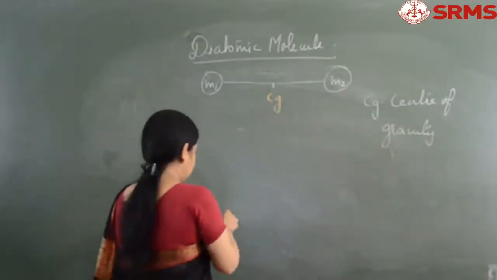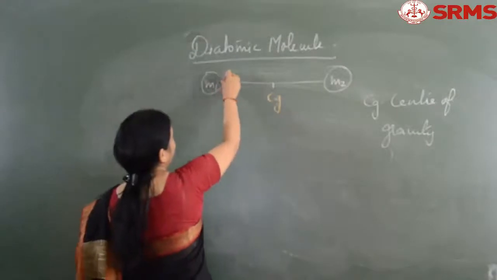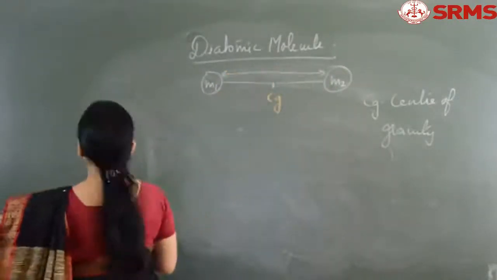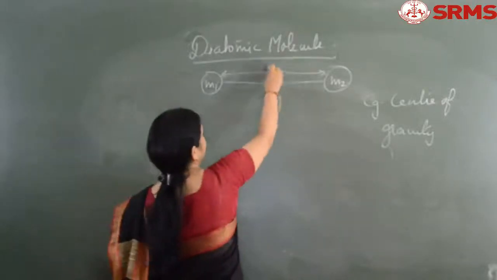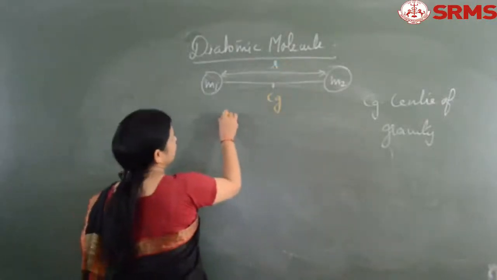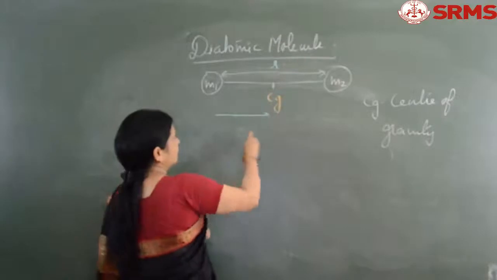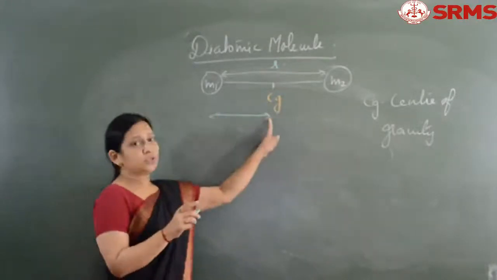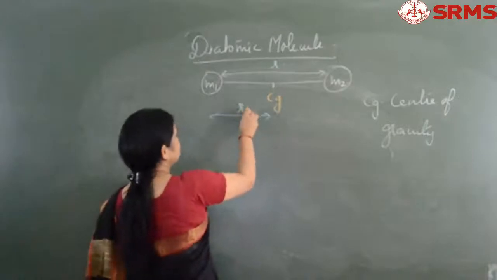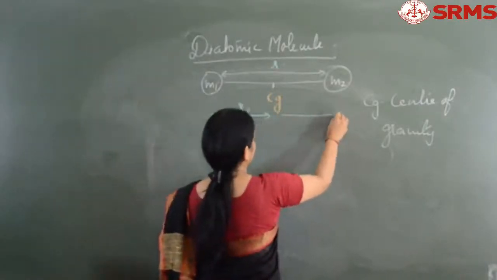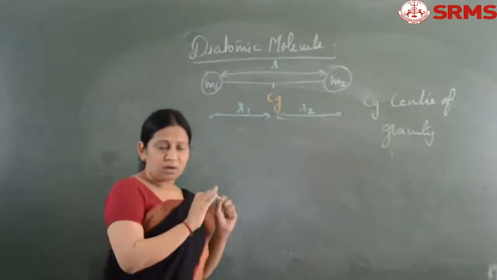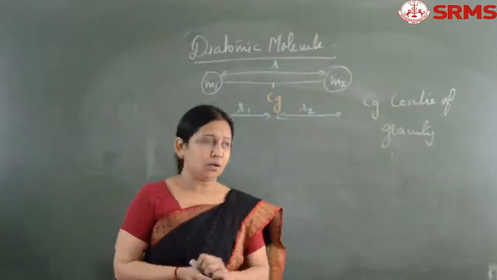Then the distance from one atom to the other is, suppose, r. Then the distance from one atom to the center of gravity is r1 and this is taken as r2. These are some points which are taken.